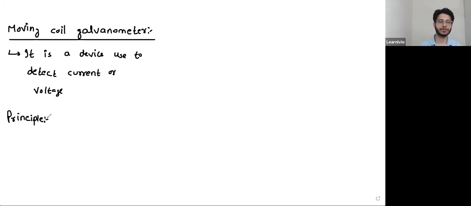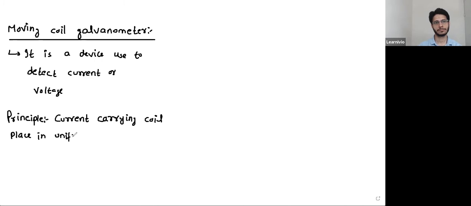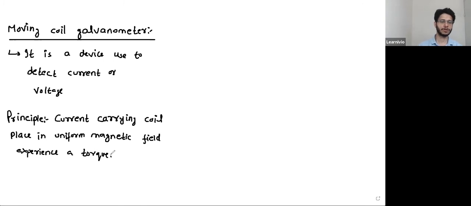This is the principle on which this moving coil galvanometer is based. Next, the construction of the galvanometer.